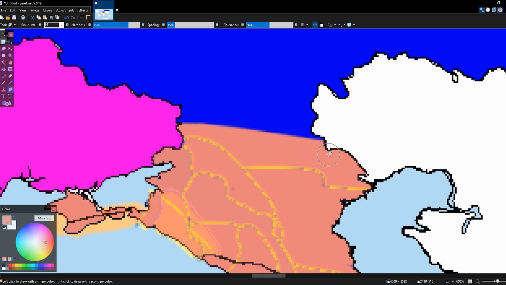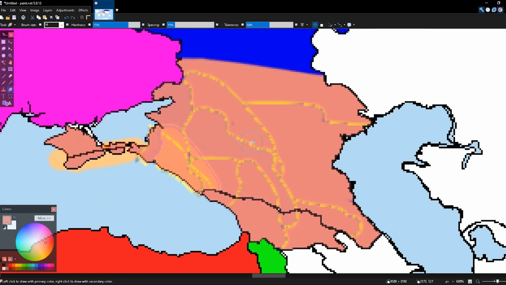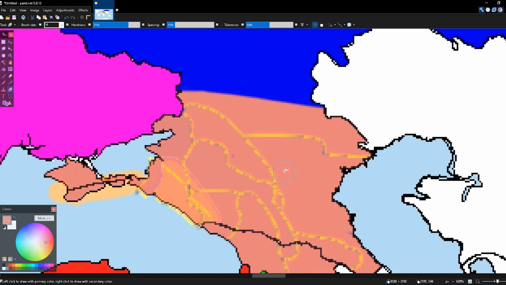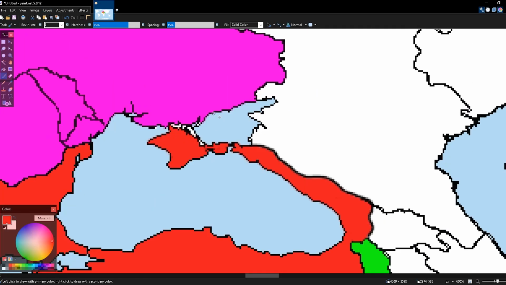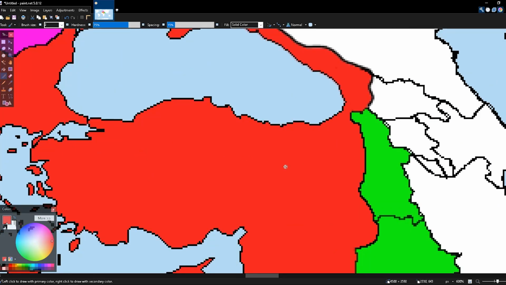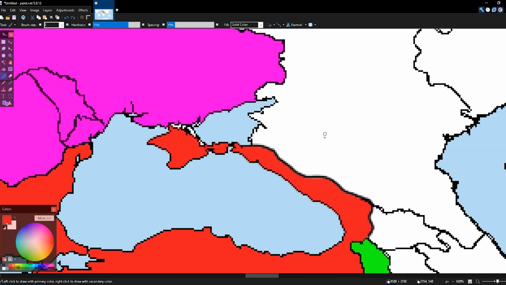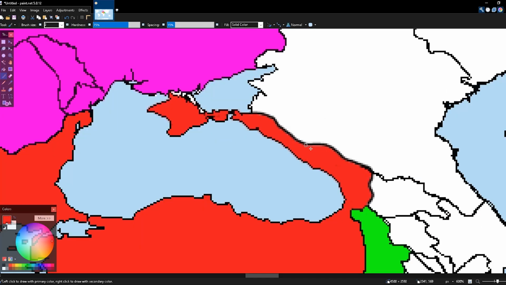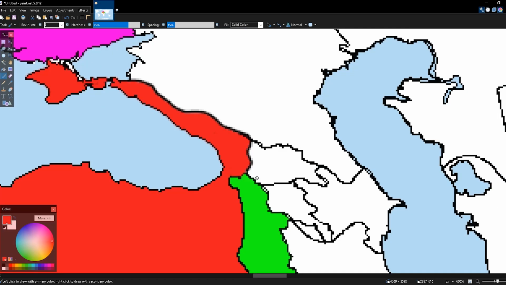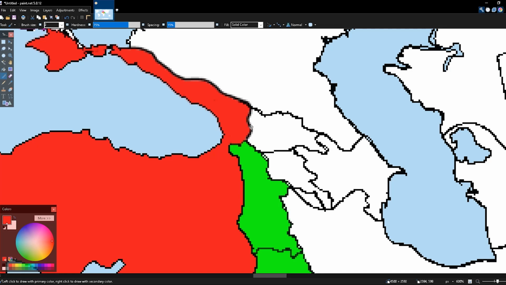Unfortunately, winter doesn't come and Russia signs peace with the Byzantines. Let's see the peace treaty. In this peace treaty, Crimea is fully taken by the Byzantine Empire, and Russia loses this strip of the coast of the Black Sea. Also, Georgia loses a little bit of its land.